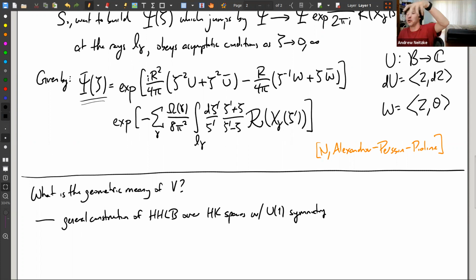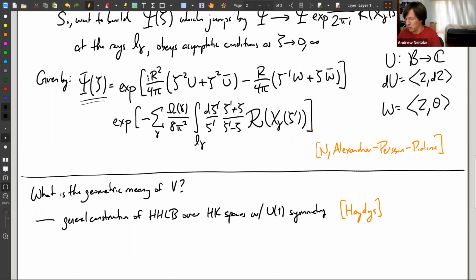With a U1 symmetry that rotates the complex structures, which I emphasized earlier is a thing that we have in this situation. So that's due to Hades. And although I haven't proved it, I think that this line bundle is the same one that's constructed by Hades.